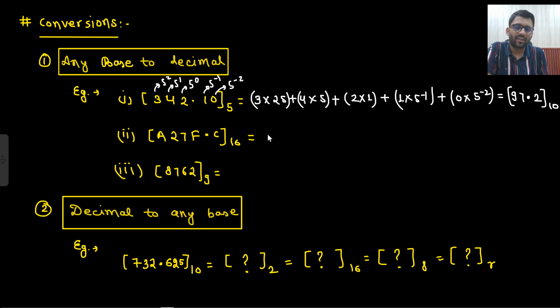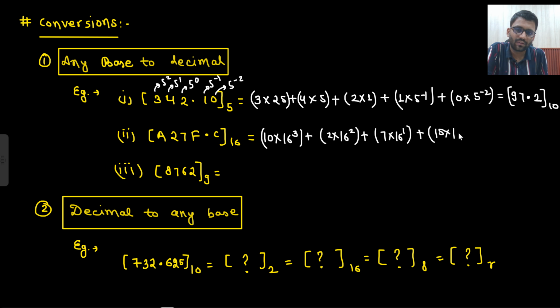So this would be a bit tough calculation. So what will A have? 0, 1, 2, 3. So A, 10, will have 16 to the power 3, plus 2 will have 16 to the power 2, plus 7 will have 16 to the power 1, and F, that is 15, will have 16 to the power 0, plus this C, that is 12, will have 16 to the power minus 1. So if you calculate this, what will you get?